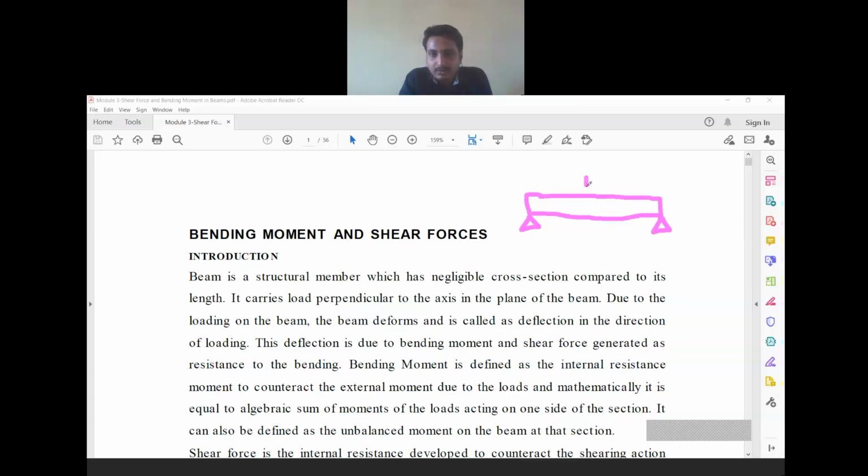When I apply some load, observe. This is the basic concept you should be understanding. When I apply this load, your beam would bend like this. So this bending, we call it the deflection of the beam.